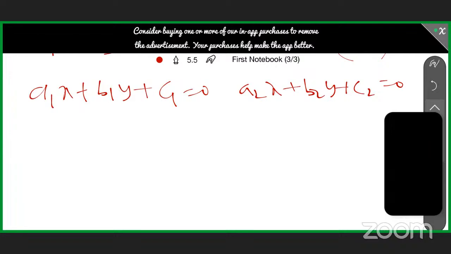Condition for two perpendicular lines. Don't say m1 into m2 is equal to minus 1. No, that is with regard to slope. It's with regard to the line equation. When do we say lines are perpendicular?